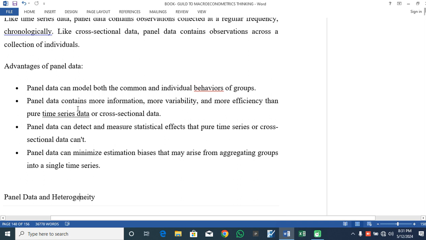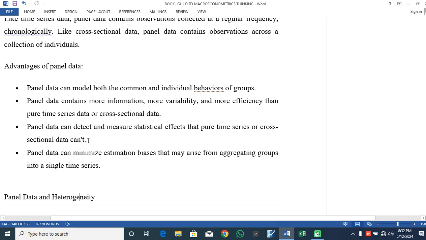Secondly, the panel data contains more information, more variability, and more efficiency than pure time series data or cross-sectional data, which implies that in panel data regression we get more efficiency when we estimate our regression output than what we would have gotten in the time series regression framework.